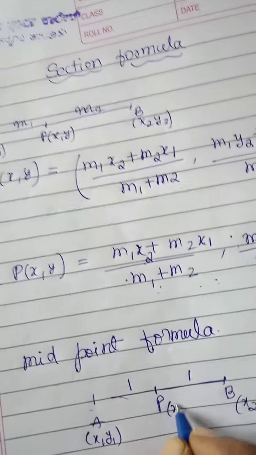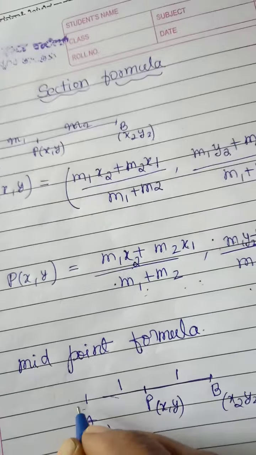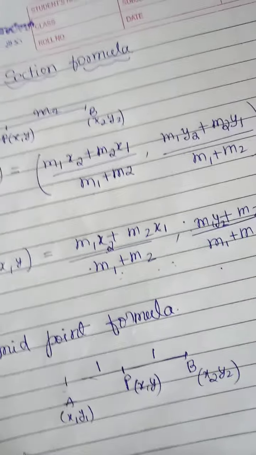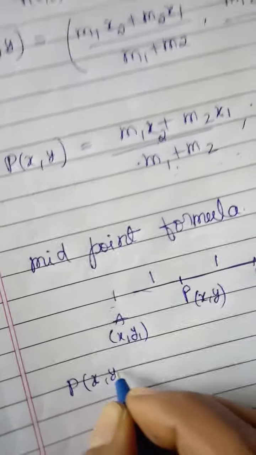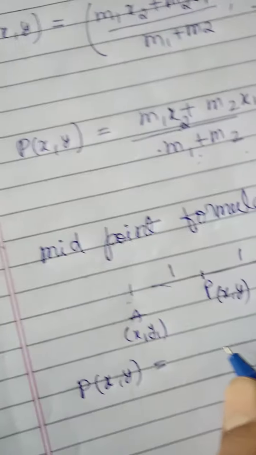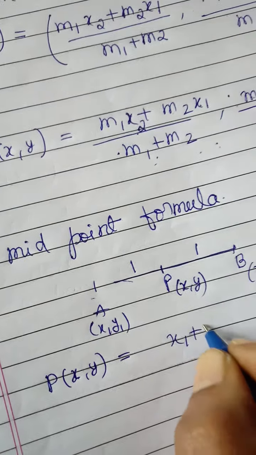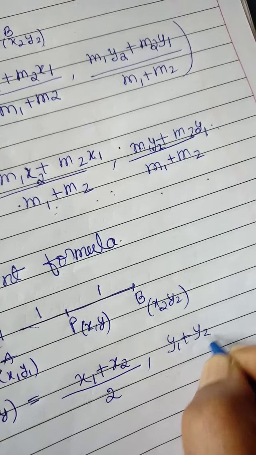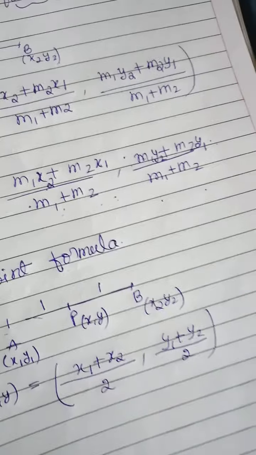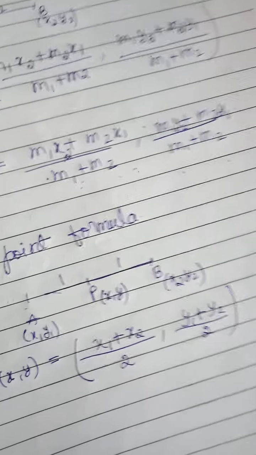Then the coordinates of P(x, y) can be written as P(x, y) equals ((x1 plus x2) divided by 2, (y1 plus y2) divided by 2). This is nothing but the midpoint formula.